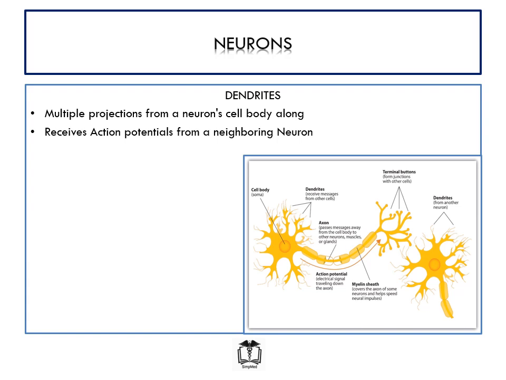The second component of the neuron is the dendrites. The dendrites are multiple processes or projections that tend to emerge from the cell body at a particular pole. The major function of a dendrite is in its ability to receive action potential from neighboring neurons. Remember that the sole purpose of a neuron is in the function of action potential generation and transmission.